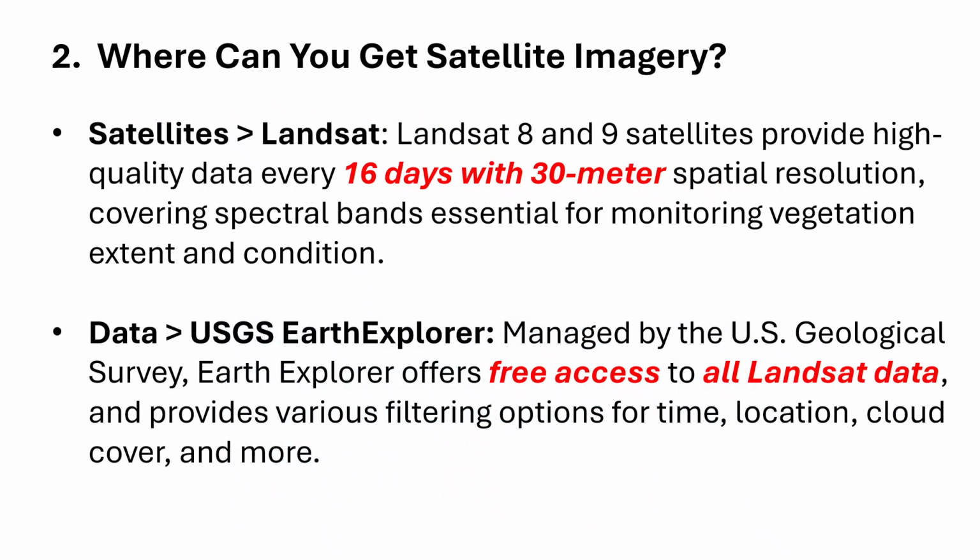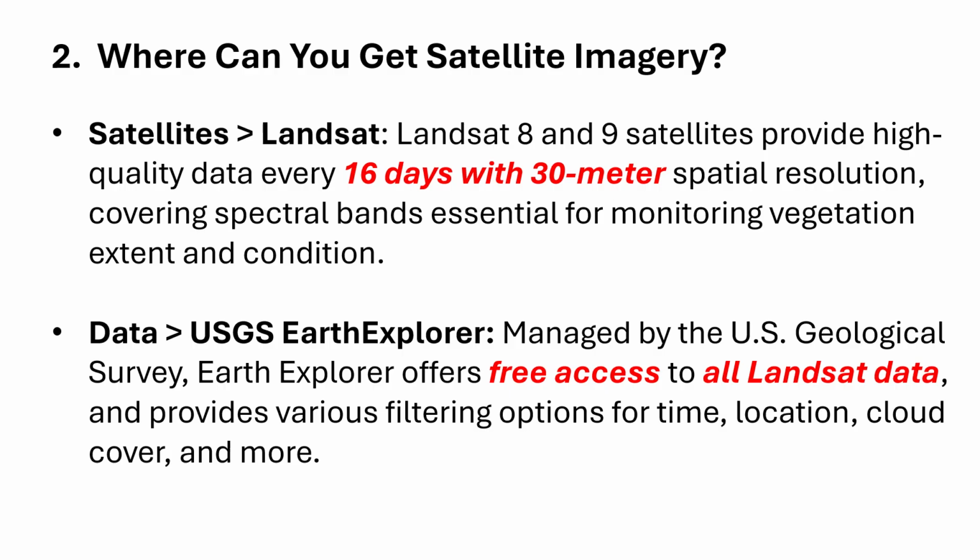Great! So where can citizen scientists get all of this free satellite imagery? There are a number of satellites providing such imagery, but in this overview we will be using Landsat data that provides high-quality images every 16 days with 30-meter spatial resolution.